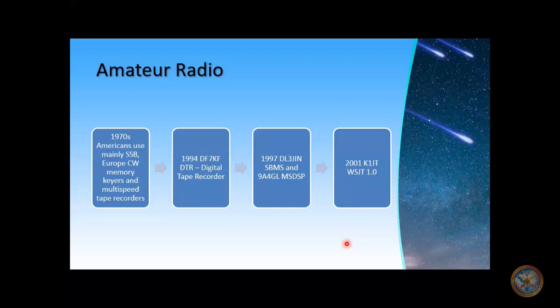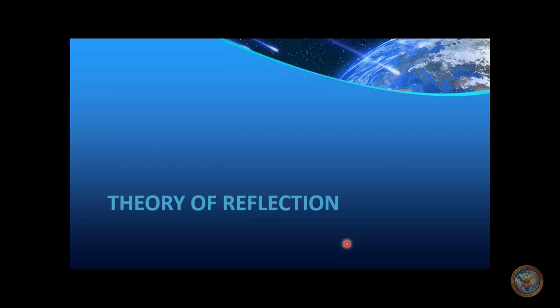Purely digital, about the same speed, also about 8,000 characters per minute. And FSK441 is still in use today. I will come back to software and modes a little bit later on. But first we want to find out how it all works. How can we use meteors?